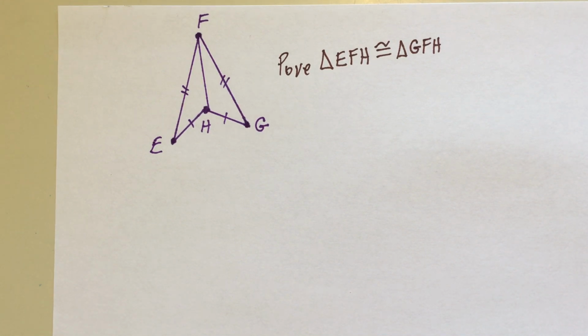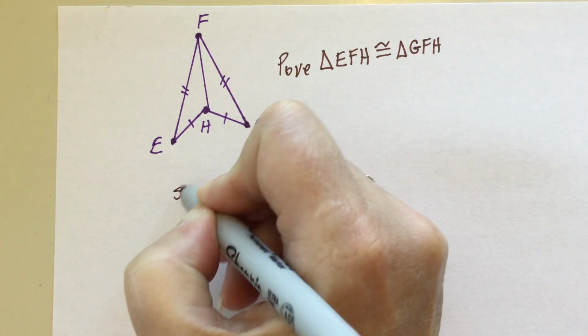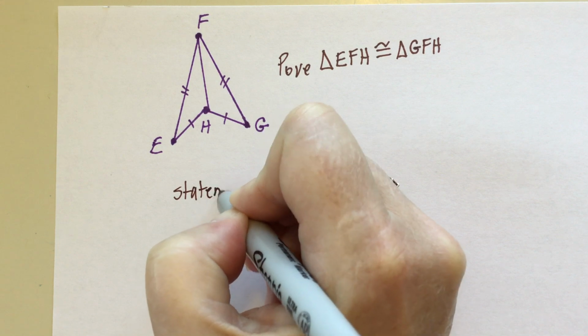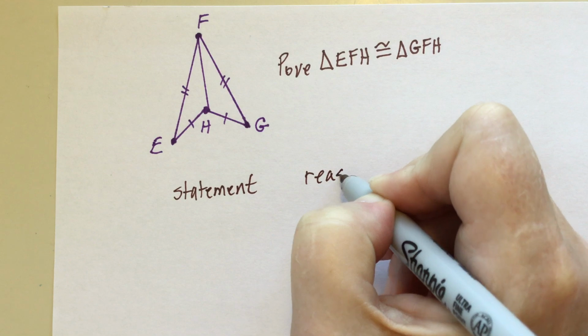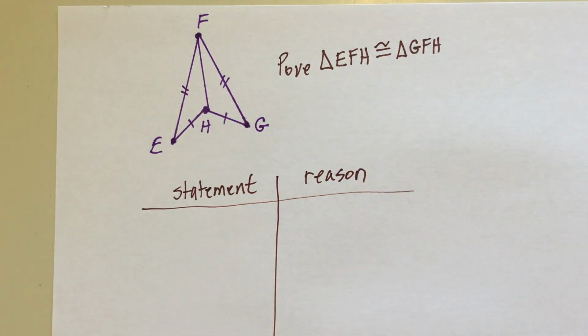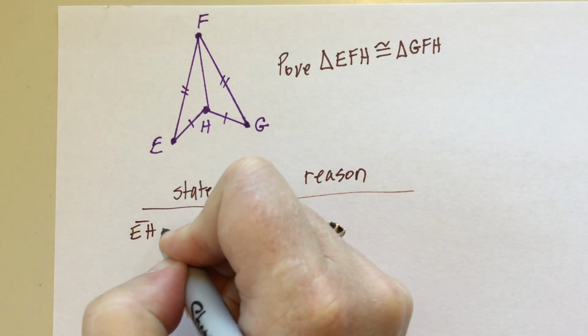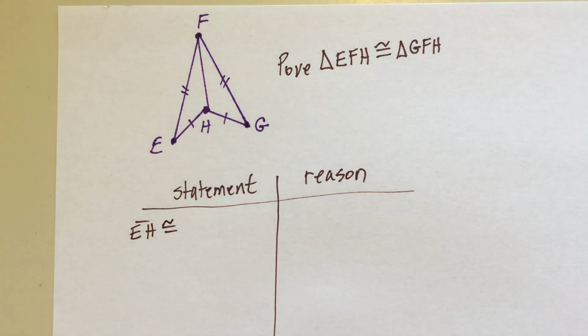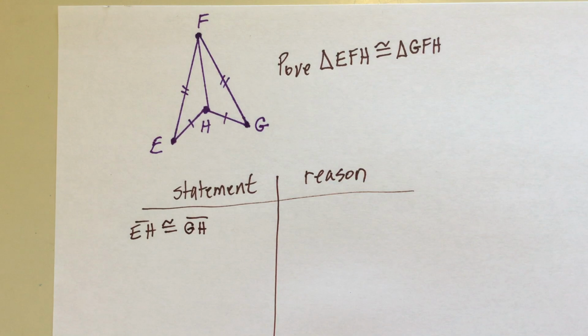Let me start writing down what I know. When you do a proof, sometimes you write it like this: the statement and a reason. Well, when I look at this figure, I know that segment EH is congruent to segment GH because they're marked that way.